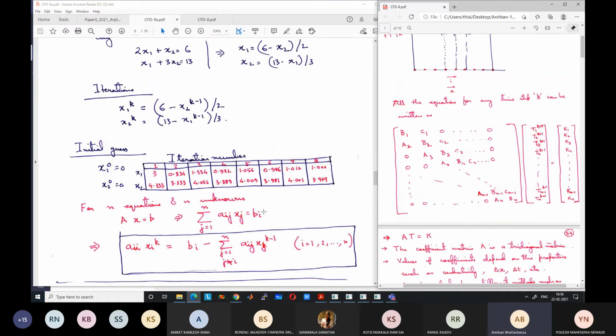Okay, so i is the index which will change for each of the equations. So this equation can be written n times with n different values of i. This is for i equal to 1, so for i equal to 2 I can write similarly. So this is for the general i. Okay, so I will have n equations like this.